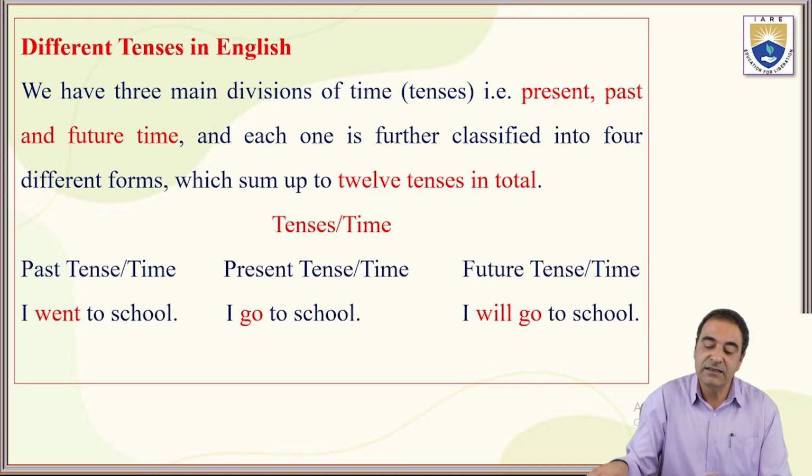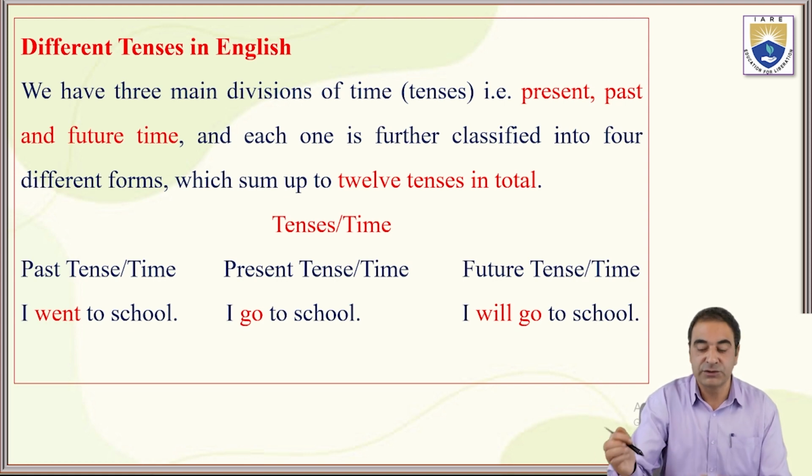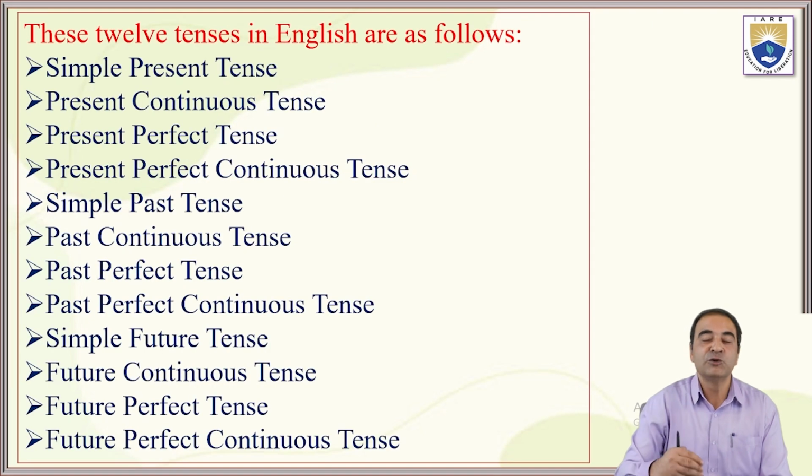And these three main divisions of time are further classified into four different forms, which sum up to 12 tenses in total. That means we have 12 tenses in total. And what are these 12 tenses?